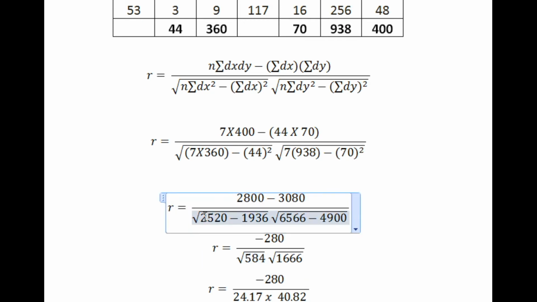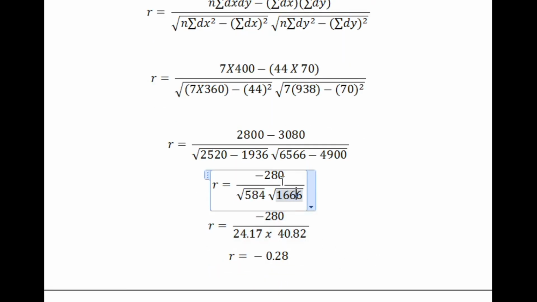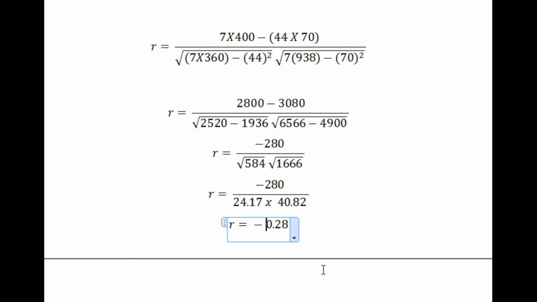The difference of these two is 584, the difference of these two is 1666, and the difference of these two numbers is minus 280. Remove this root, you will get this number. So minus 280 divided by 24.17 first, you will get a number. That number is divided once again by 40.82. Then you will get minus 0.828.